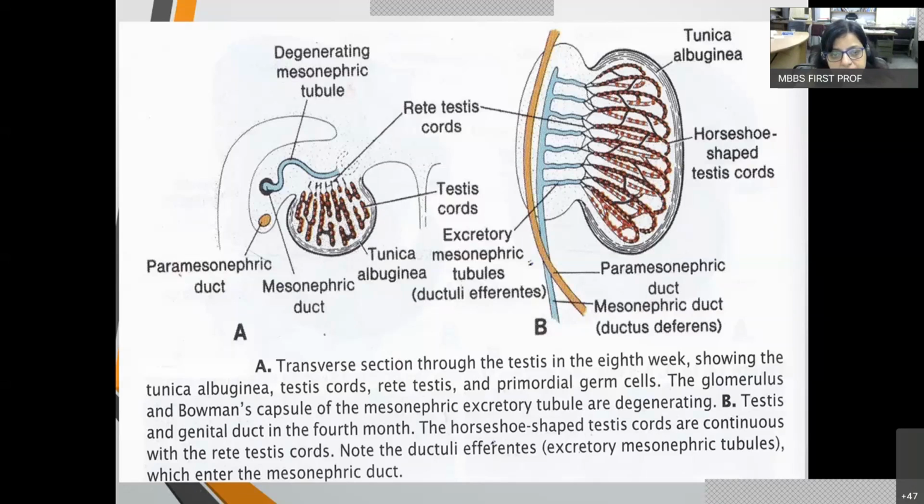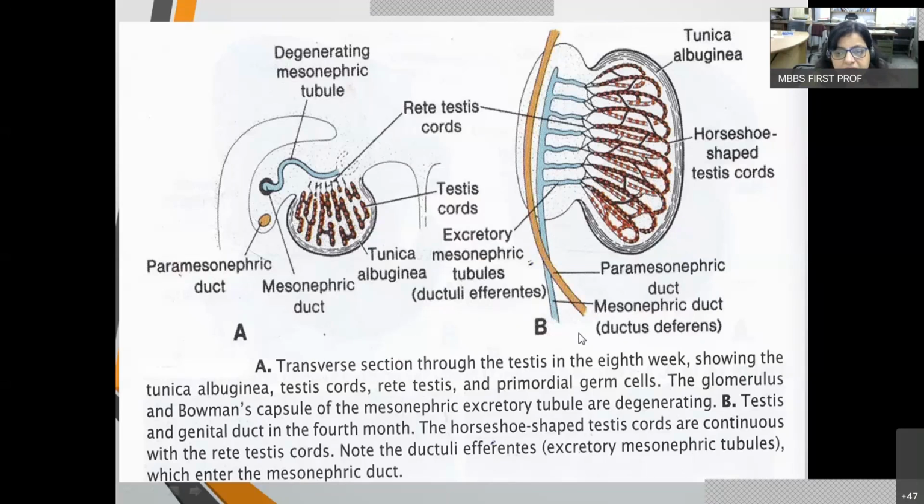So these medullary cords develop in males, and they assume a horseshoe shape and form the seminiferous tubules. Then they form a duct system which ultimately connects to the mesonephric duct. The horseshoe tubules connect to the rete testis, then the ductuli efferentes, ductus deferens, and epididymis.